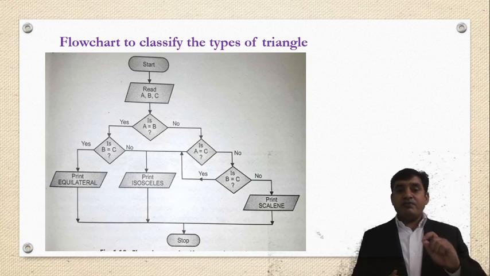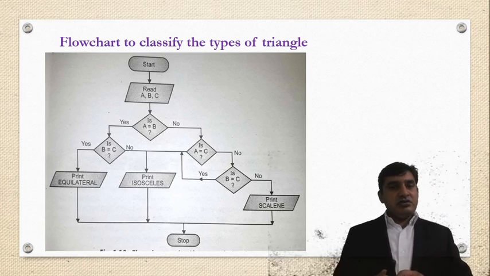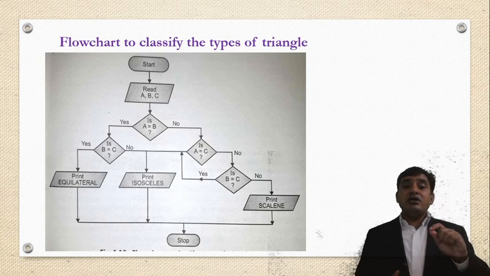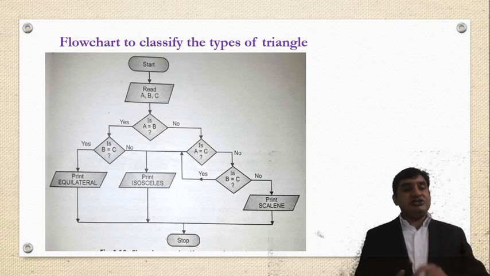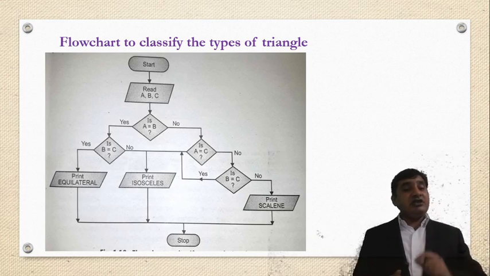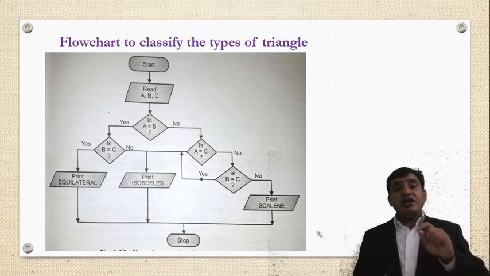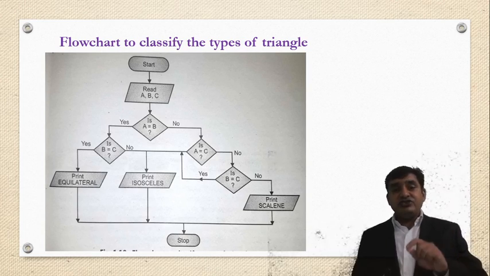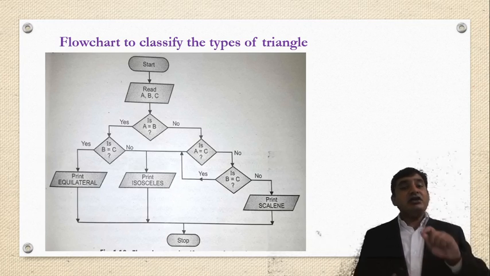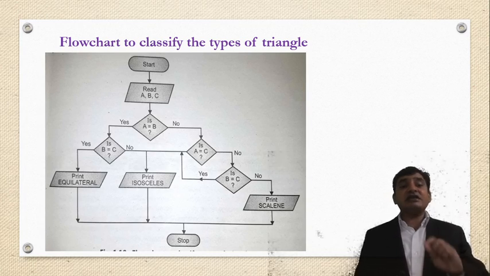But if A is equal to B is true, that is yes, and B is equal to C is false, or A is equal to C is true, it indicates that 2 sides of the triangle are the same.